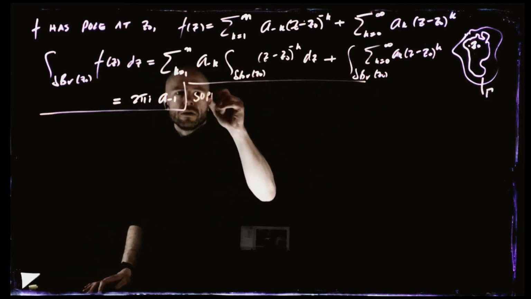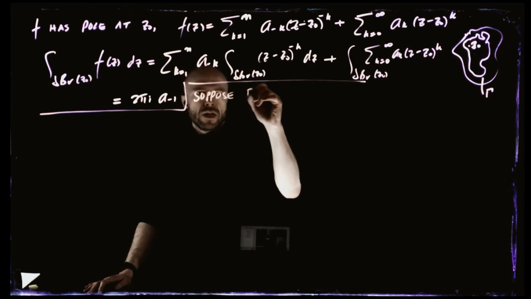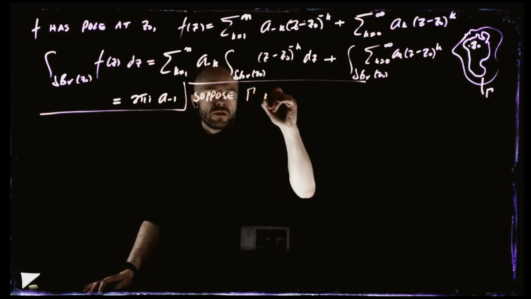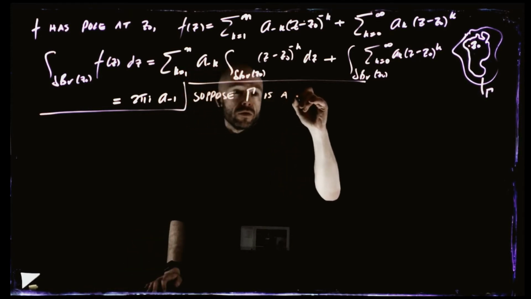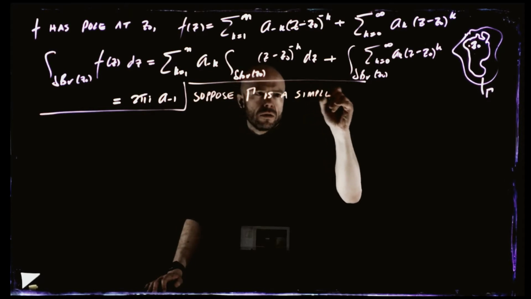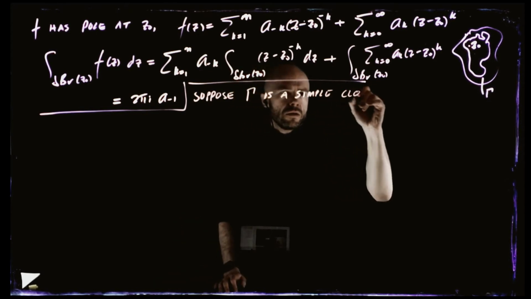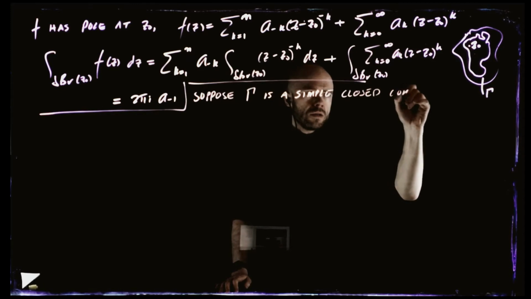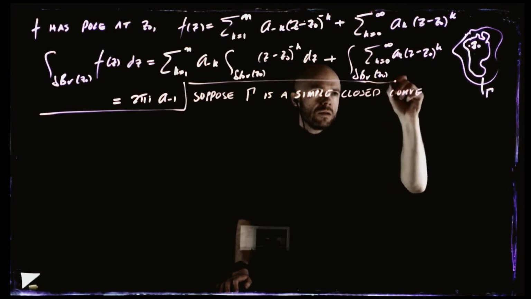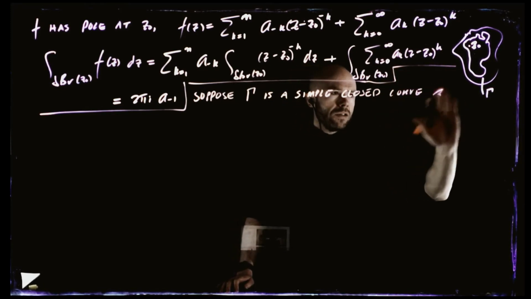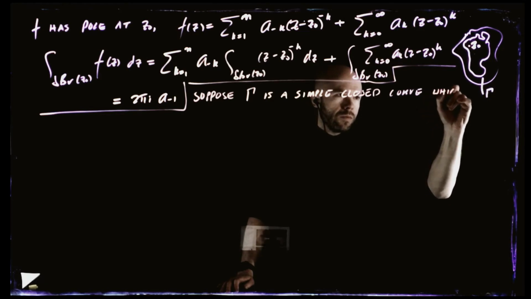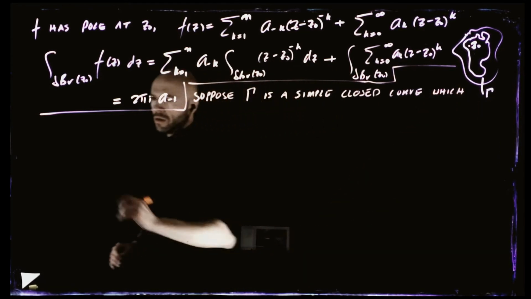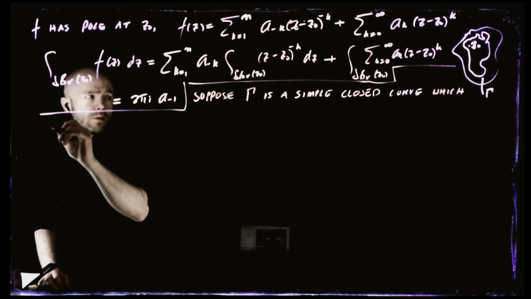Suppose gamma is a closed curve, or a simple closed curve, which contains only one pole.